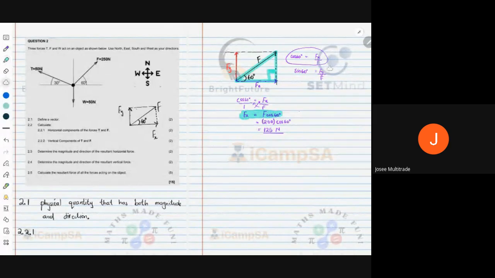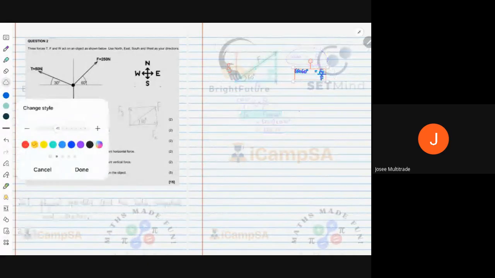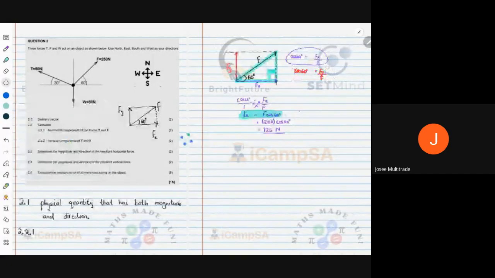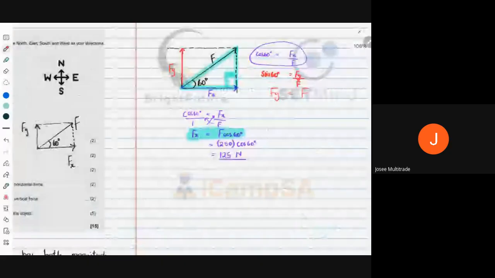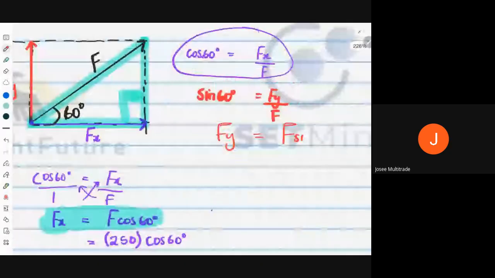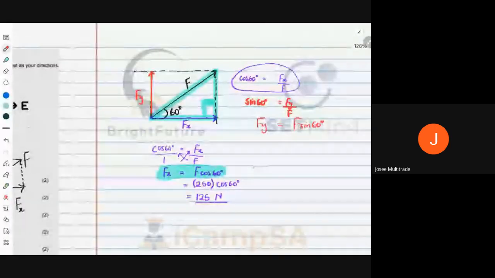Let me make it red so that you guys can sort of follow through. Okay, it means my Fy, if I cross multiply, would be F sine 60 degrees.